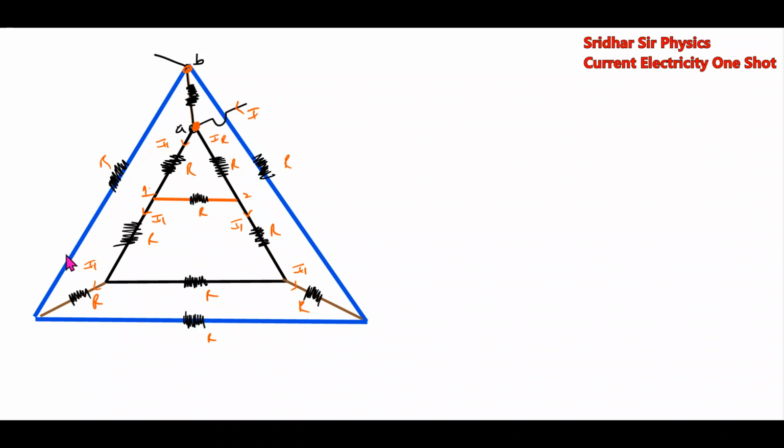The current will not flow here, here, or here. The reason for that is potential V1 equals V2. Similarly, V3 equals V4, and V5 equals V6. So then the effective resistance.